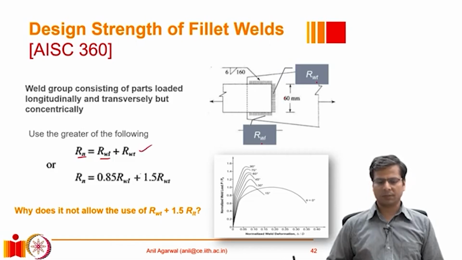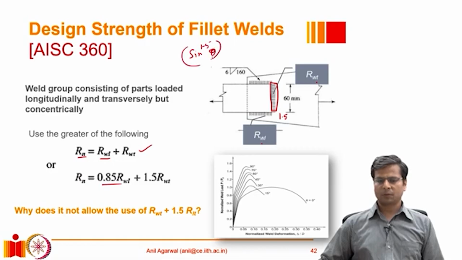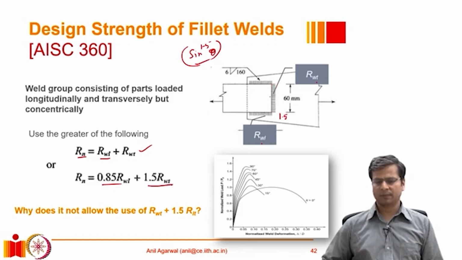So either you take this one, or what you may do is you can increase the strength of this weld by 50%, which is as per that equation which had this function of sine to the power 1.5 theta. You remember? So as per this equation, we were having an amplification of 50%. So it says you amplify this weld strength by a factor of 50%.